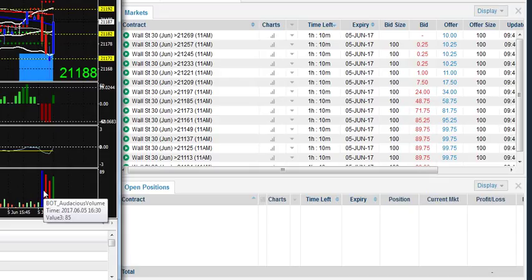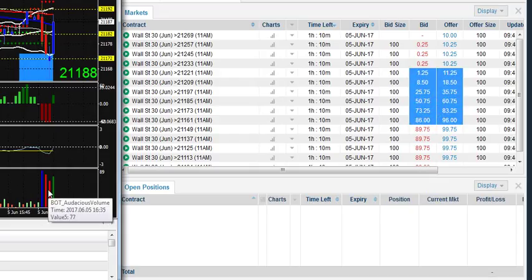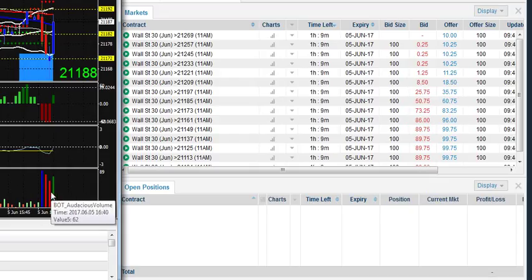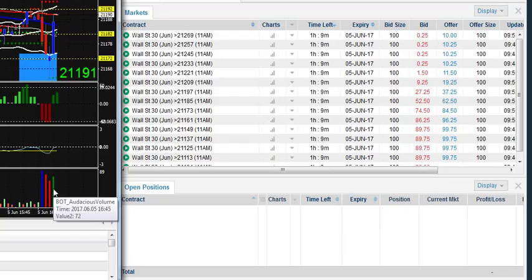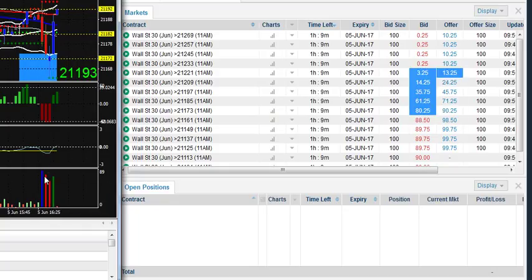Even the move up, let's look at this. This is our Audacious volume, and I put this on here to make a point. As this trade is progressing along, we are not seeing more volume.